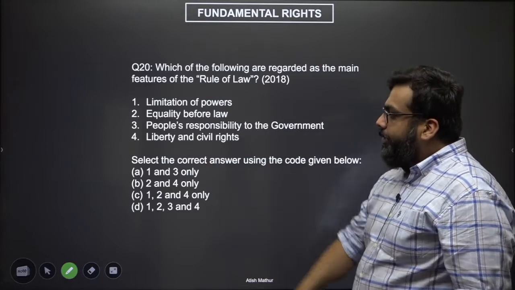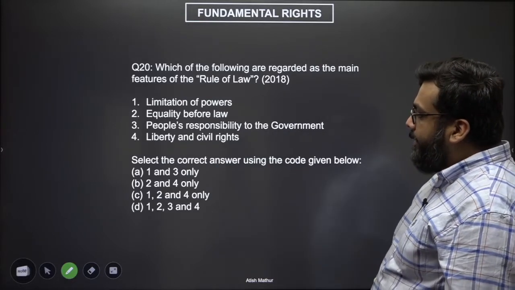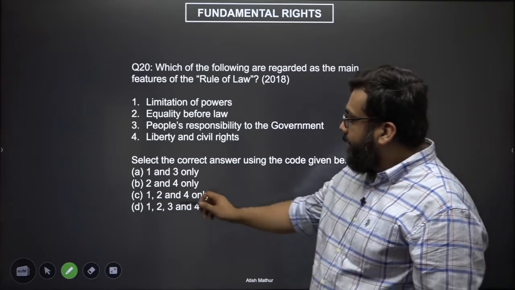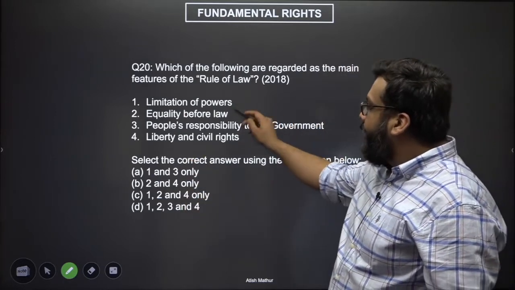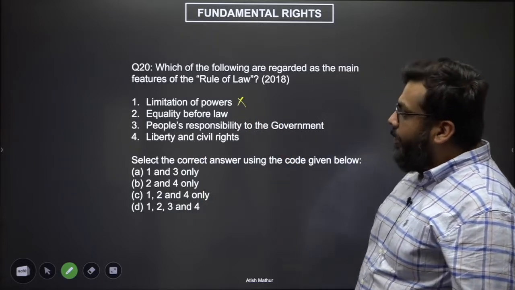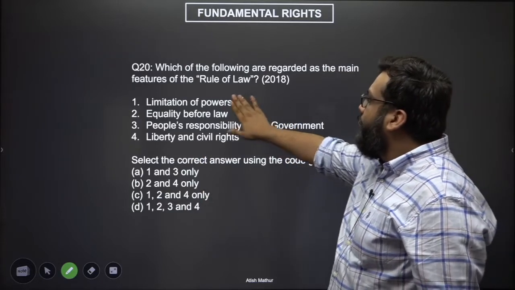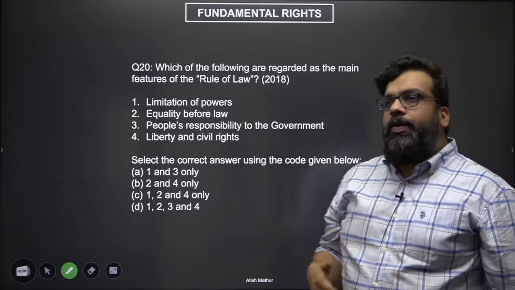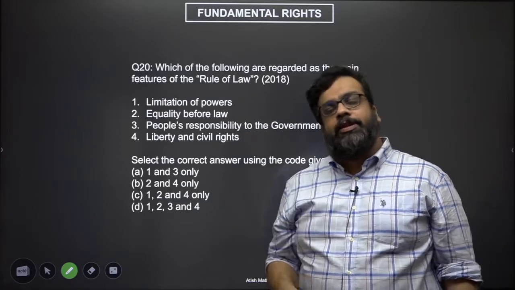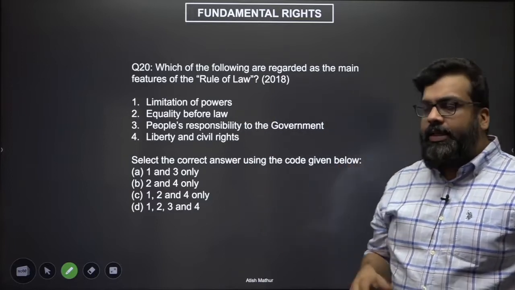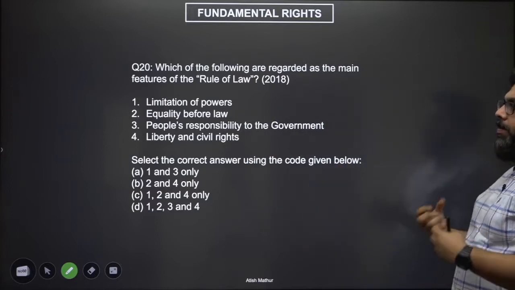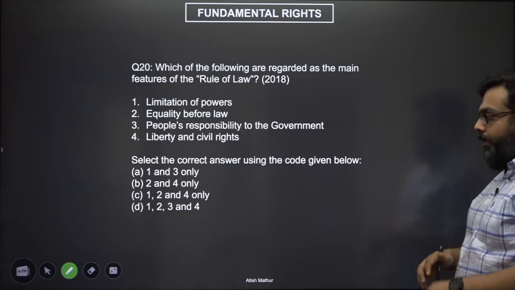Let's first glance at the options. Let's see if we can eliminate something. 1 is present in 3 options but not 1. Can we eliminate 1? No, we cannot eliminate 1. 1 is definitely correct because rule of law means equal protection of law, equality before law, absence of discretion, fairness of law, fairness of redressal, everything which means power originates from the law, right?